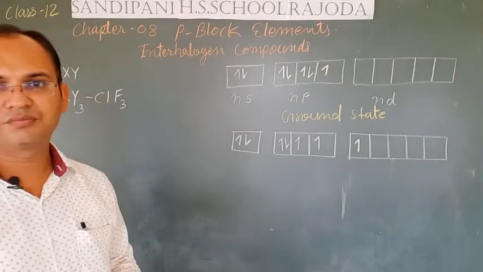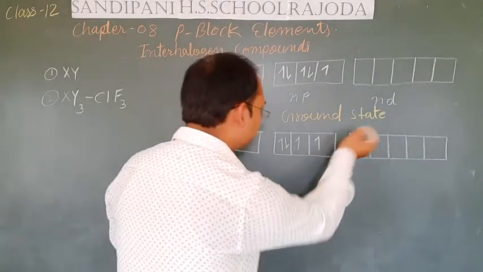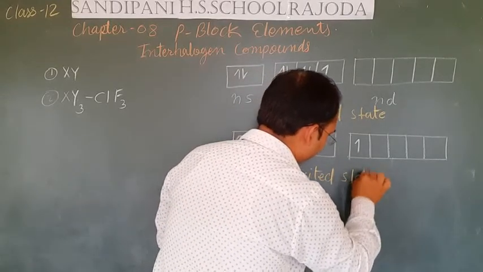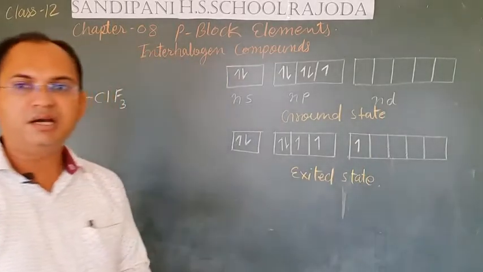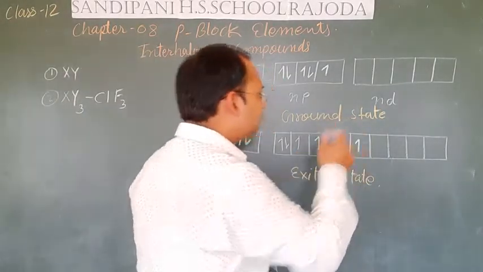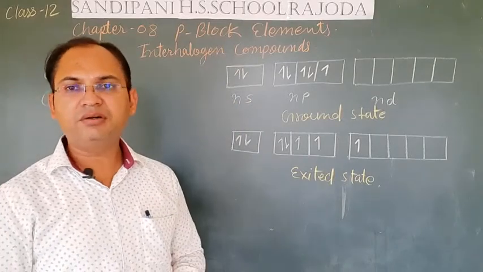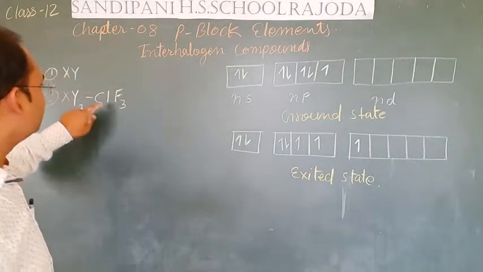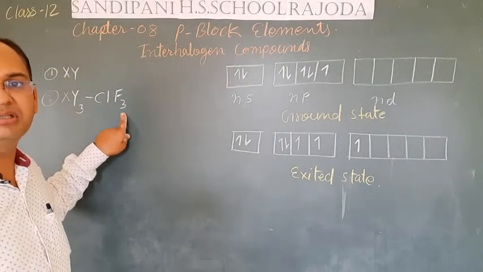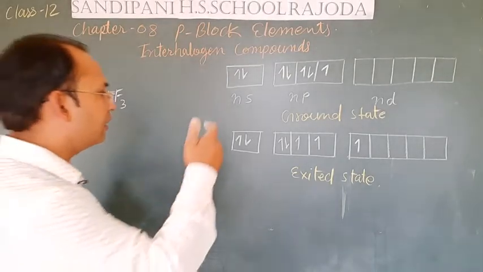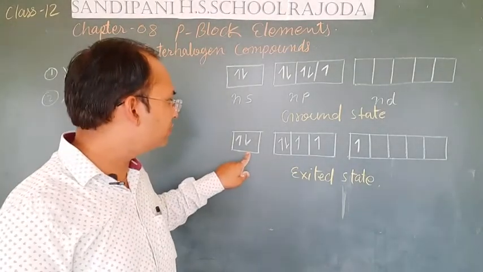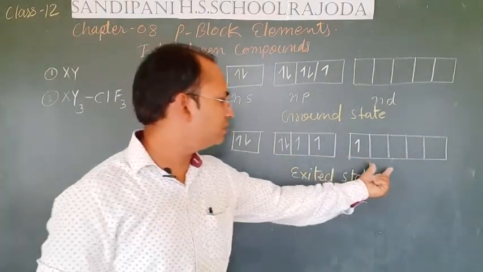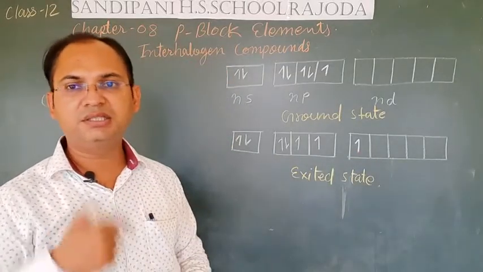This is the excited state. Now see, they have 3 unpaired electrons in order to combine with the 3 fluorine atoms. So the ClF3 type of compound is formed, and the type of hybridization is sp3d.